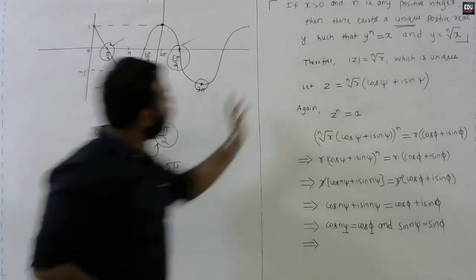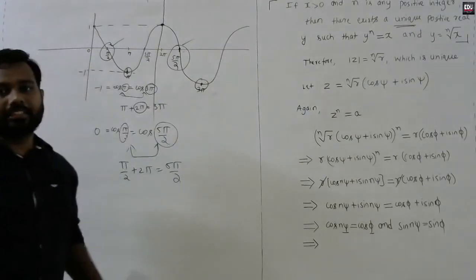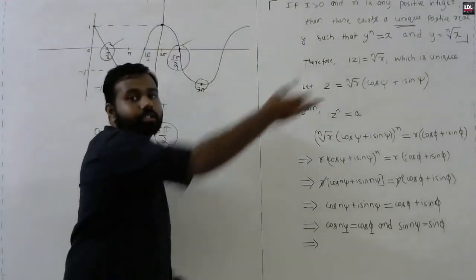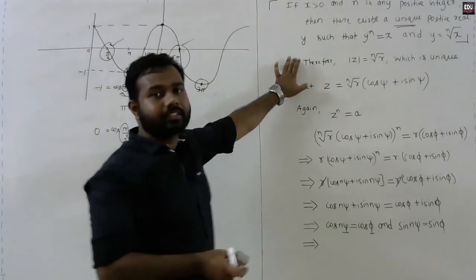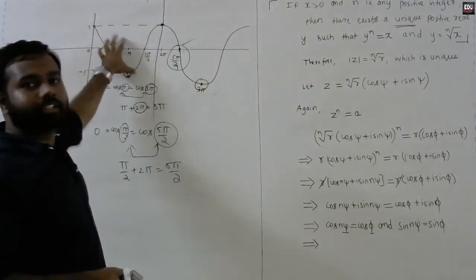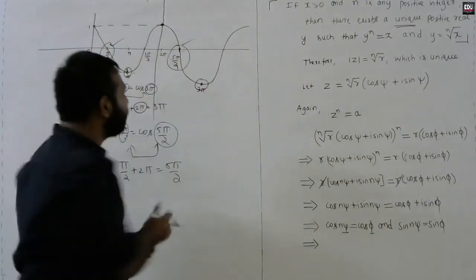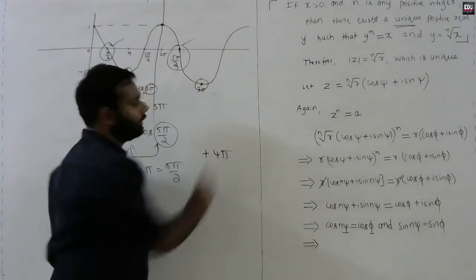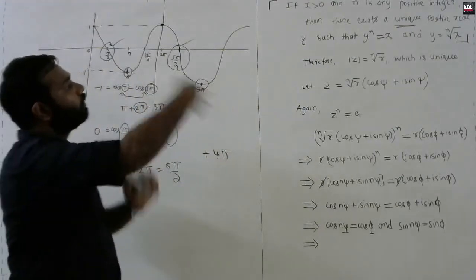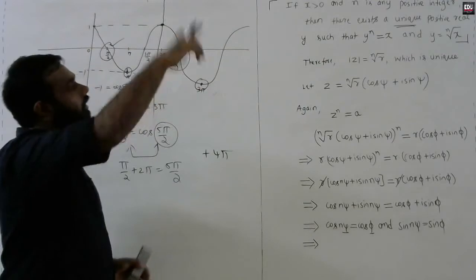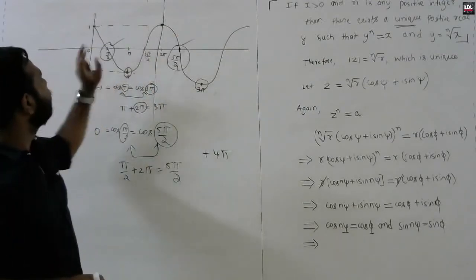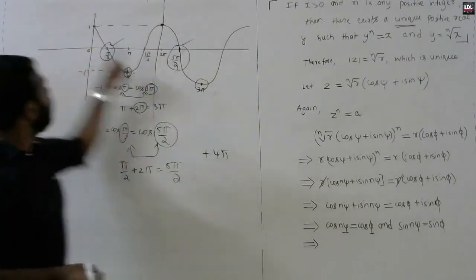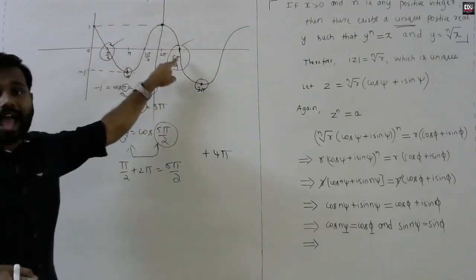In the third cycle also, you will get the same values. So the angle will be got by adding 4 pi. For the fourth cycle, you will get the same values by adding 6 pi to the same angle.